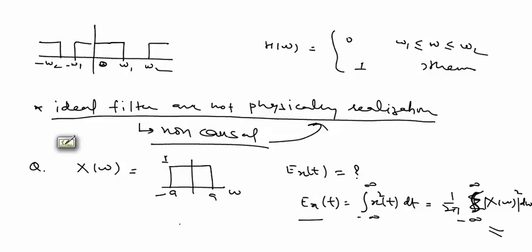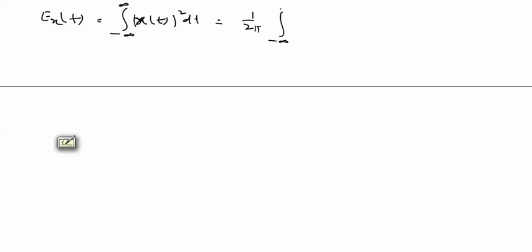By calculating this term, we can calculate the integral of x squared of t dt, which equals 1 upon 2 pi times the integral of mod X(omega) squared d omega.